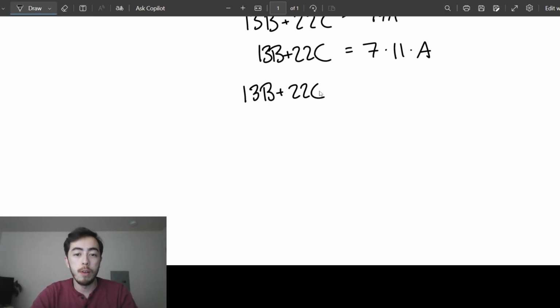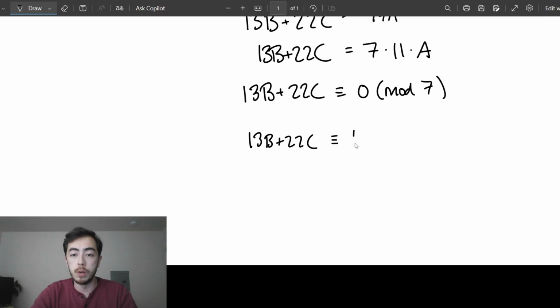Anyways, 13B plus 22C should be congruent to, nope, not 7, but congruent to 0 mod 7. This is just another way of saying that it's a multiple of 7. I can also say that 13B plus 22C is congruent to, nope, not 11, 0 mod 11. This is the same thing as saying that it is a multiple of 11.